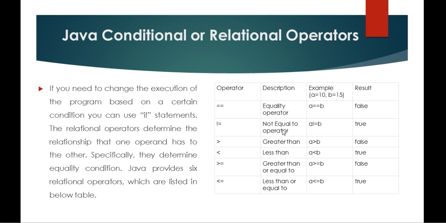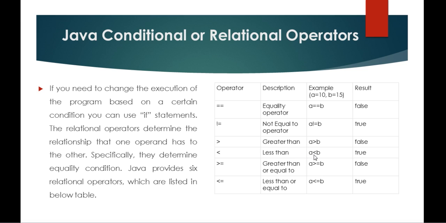So, not equal to operator. Ibig sabihin, kabaliktaran siya ng ating equal operator. Kung ang equal operator natin kanina is false, gagawin niya siyang not equal. So, ang a ba is not equal to b? Of course, that is true. Then we had the greater than. Is a with the value of 10 greater than the value of 15? Of course, that is false.